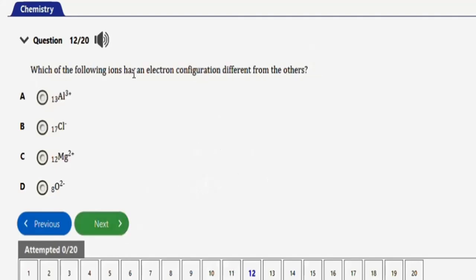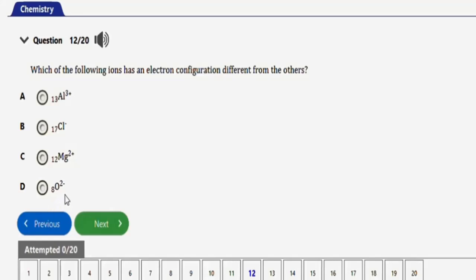It says which of the following ions has an electron configuration different from the other? So from what we have here, the right option is option B, which is the chloride ion. Alright, so this aluminum ion takes part in chemical reaction, so it will lose 3 electrons to form the noble gas neon. Same thing is applicable to magnesium. It will take part in chemical reaction and lose 2 electrons to form the noble gas neon.